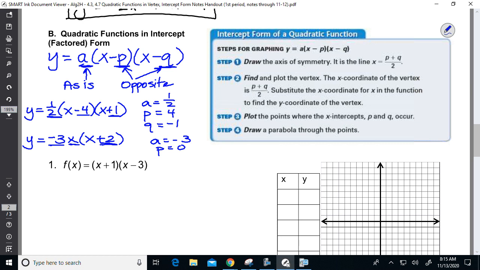And your q value is -2. The reason why p is equal to 0: if x is by itself, then this is the same thing as -3 parentheses x minus 0, parentheses x plus 2. The opposite of 0 is 0.